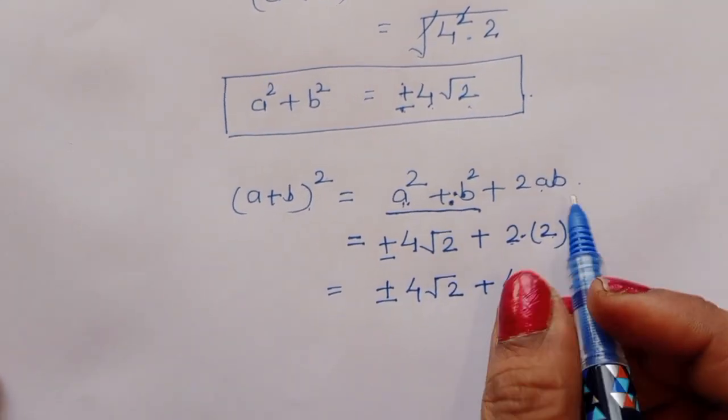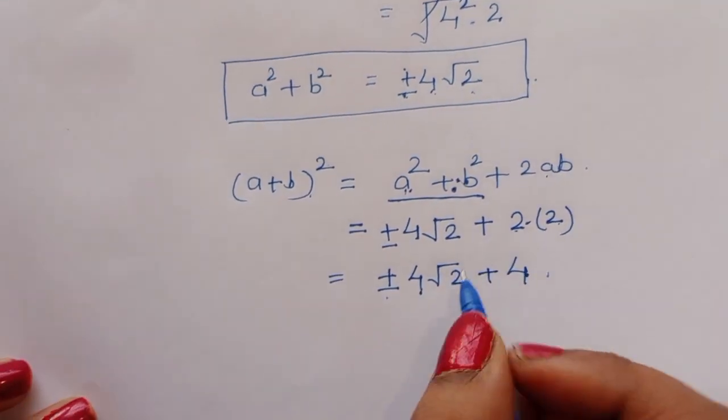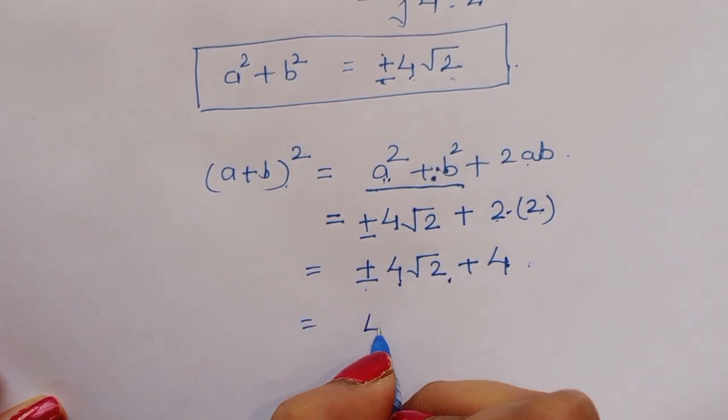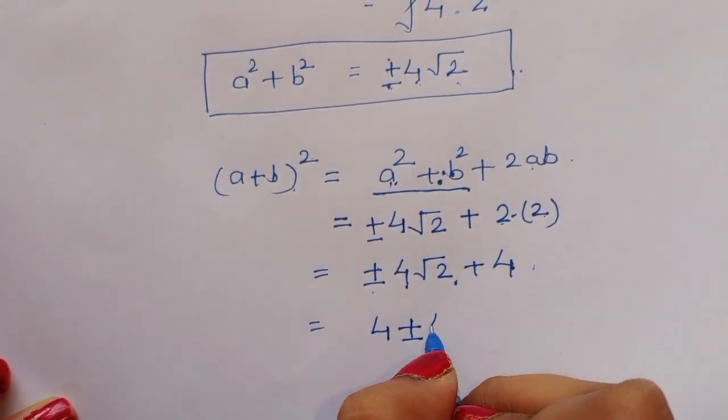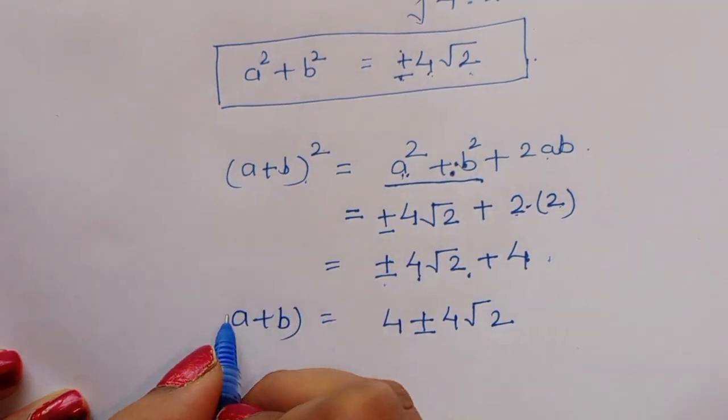So we got plus minus 4 square root of 2 plus 4, or we can write 4 plus minus 4 square root of 2. This is the value of a plus b whole square.